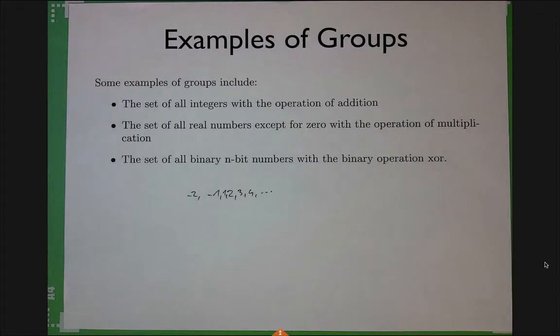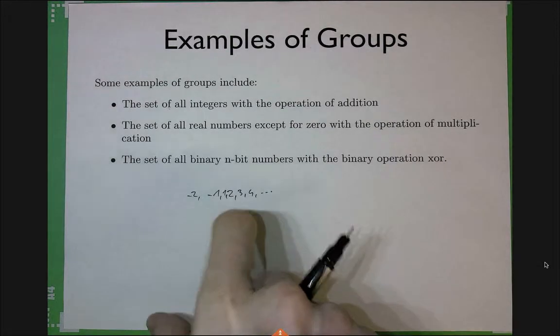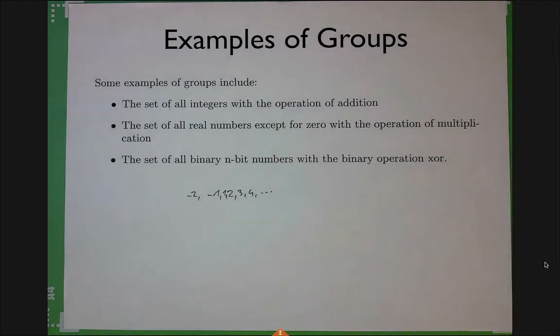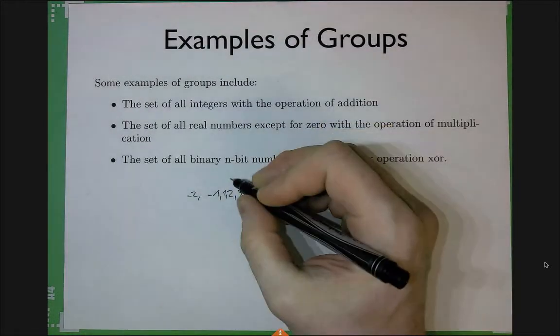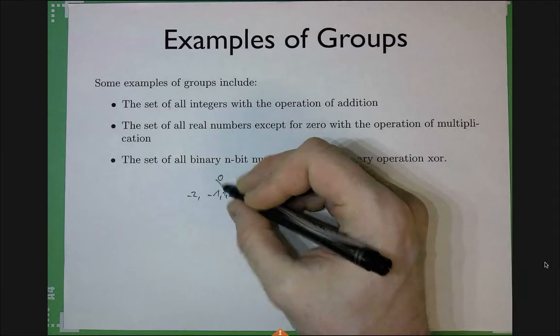So the closure is obvious, right? If I add two integers, I get an integer. Associativity also follows from associativity of addition. That's trivial. What about the identity element? What's going to be the identity element there? 0, exactly. I can add 0 to, oh yeah, I should have probably put it there. You need to watch for me.